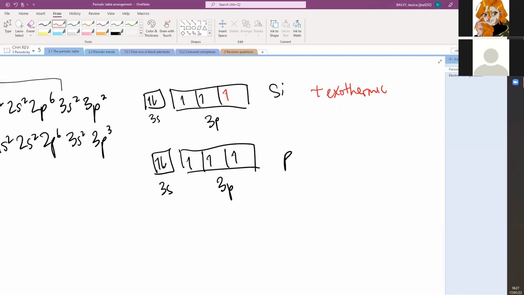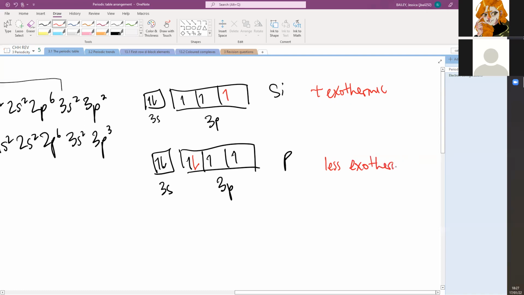But if I wanted to add an electron to phosphorus, it would have to join an orbital that's already got something in it. It can't have its own orbital for itself, and hence there's more repulsion. And so the energy divot that I was talking about isn't as low as it is for silicon, so it's a little less exothermic than silicon's would be.